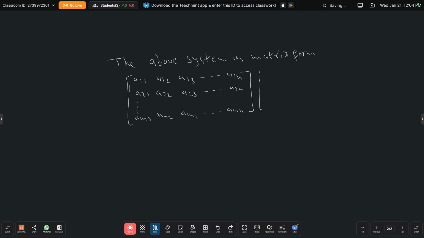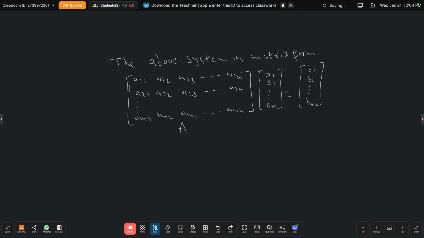And next we write all the variables in a column as x1, x2 and so on xn is equal to the constants on the right hand side, written in another column matrix which is b1, b2 and so on bm.